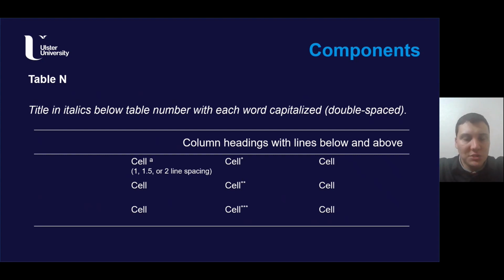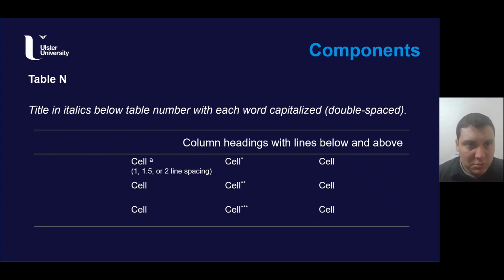You never close the tables with lines on each side. That's APA style. You might come across articles out there that have tables with these lines at the two sides, but that's not APA style. That's that journal's style, but not APA style.